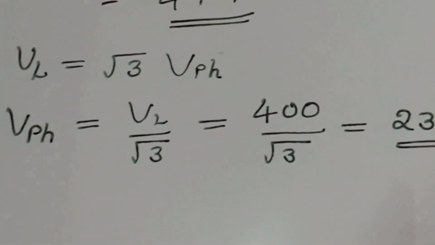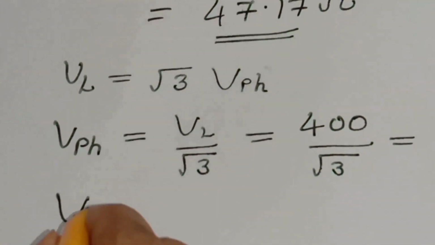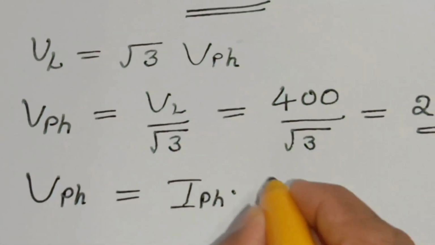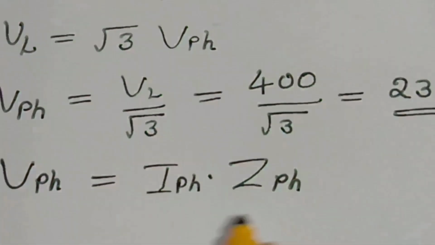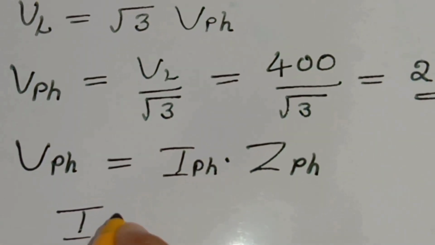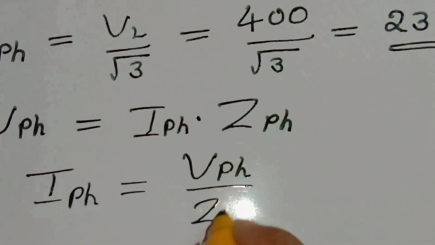Now, using this relationship, you can find out the phase current, that is V phase is equal to I phase into Z phase. So V phase is known, Z phase is known. You can find out the phase current I phase is V phase divided by Z phase.